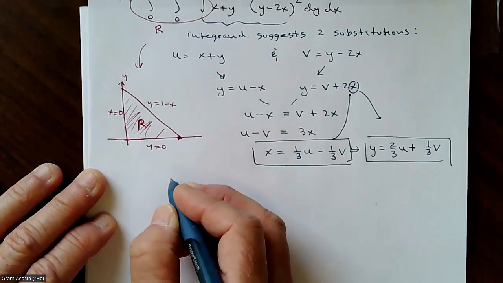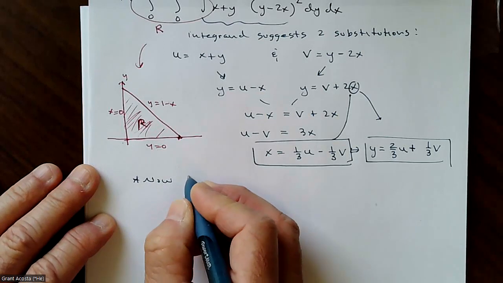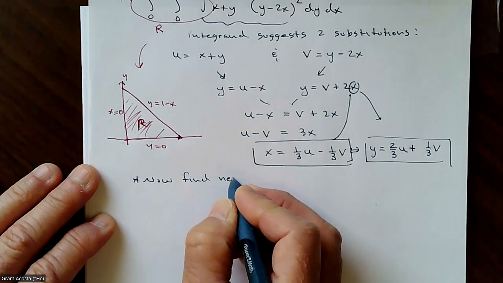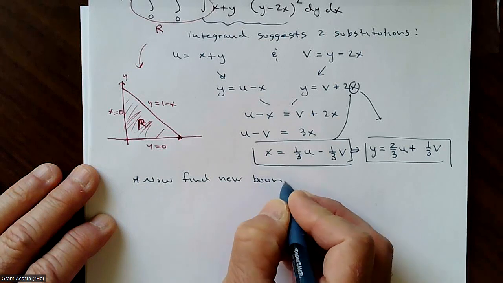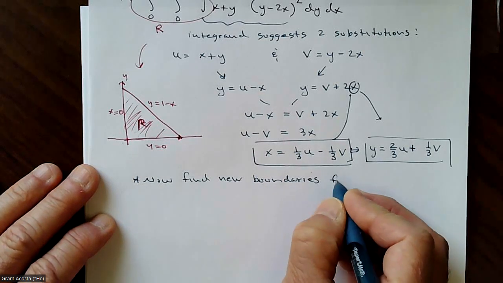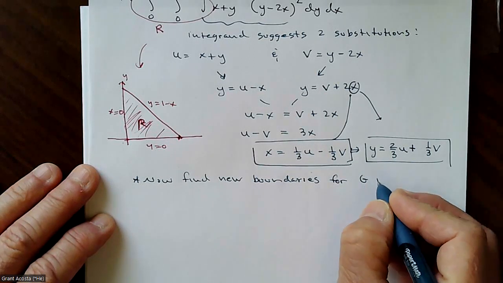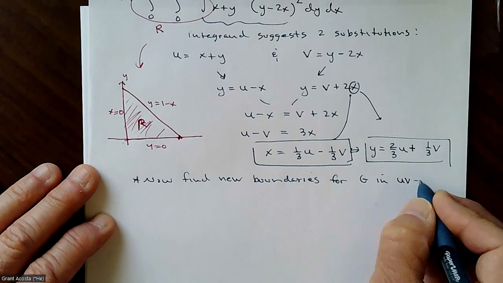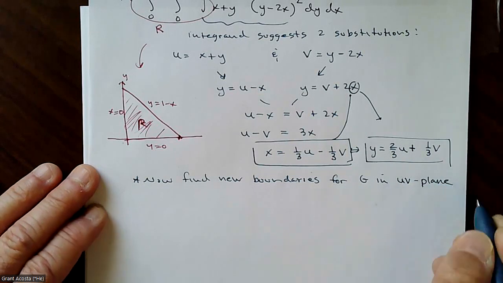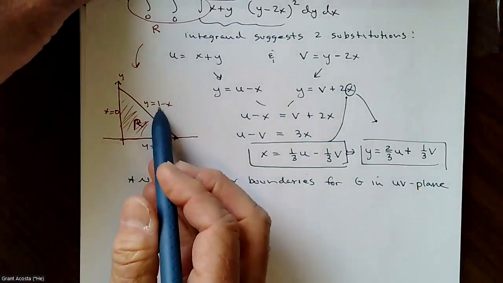UV plane. So now we find new boundaries for G, which is going to be our image in the UV plane. And so just to get organized here, we have 3 boundaries here.